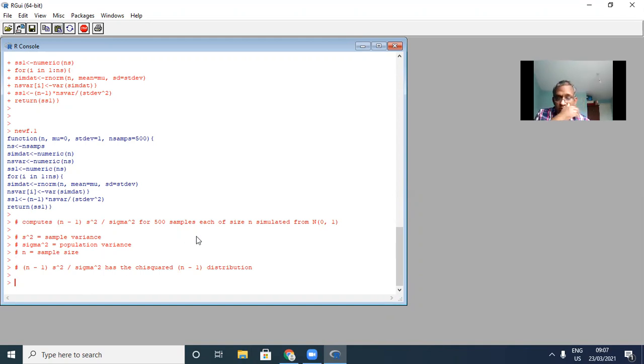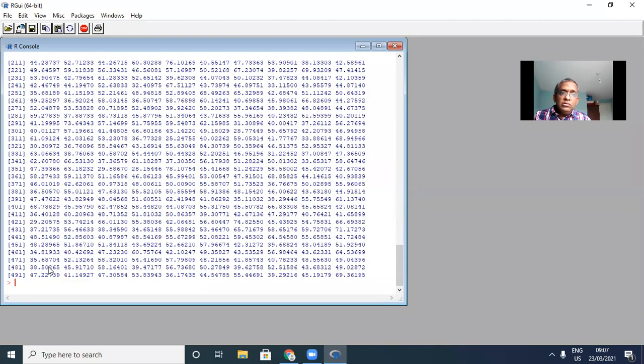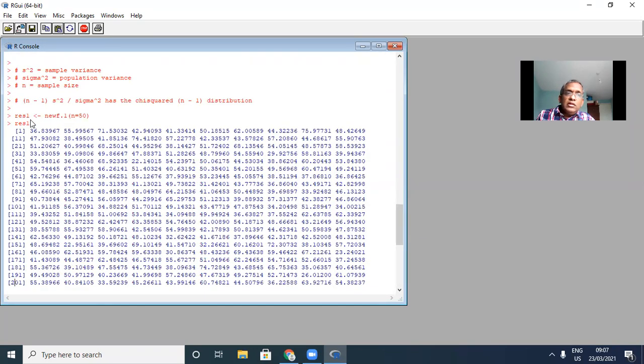The first thing I will do is simulate 500 values of this statistic with n equal to 50. So the command that I just typed has generated 500 values of this statistic with n equal to 50.